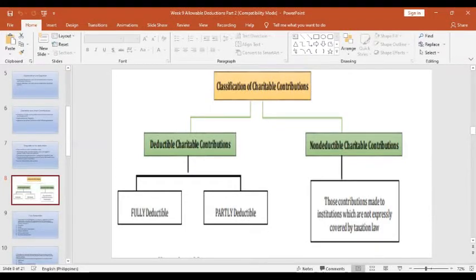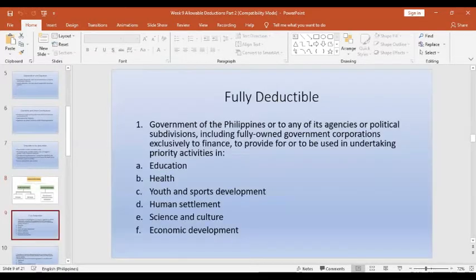While for the fully deductible, the full value of the property can be deducted from the gross taxable income. So what are those fully deductible charitable contributions? It means that whatever the value of the gift is, it is fully deductible to the gross taxable income.